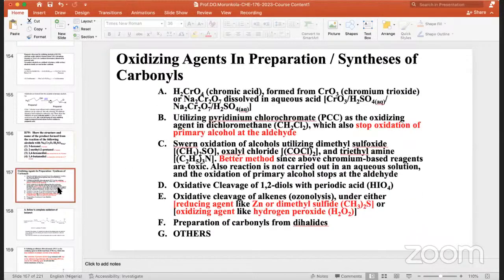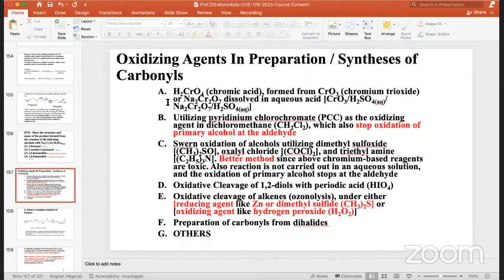Now, this morning, we will be looking at preparing these two classes of carbonyls, utilizing a number of oxidizing agents. We'll be using not only the chromium compounds, we will also be utilizing some other oxidizing agents.